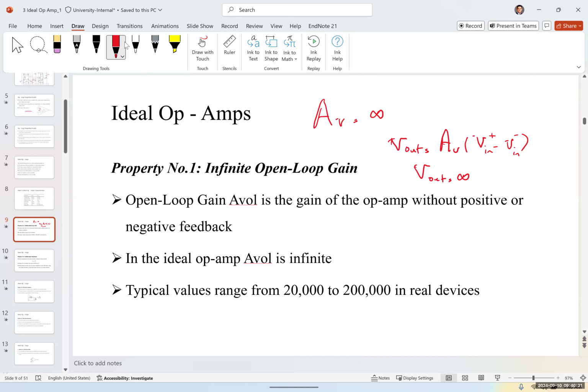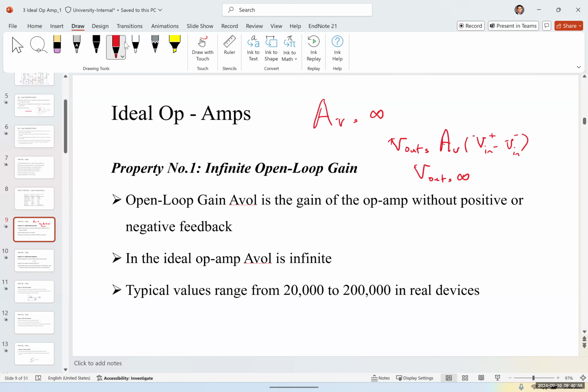So if V out is infinite, and we have an ideal op amp, then if I give it a 1 volt input, I would have infinite voltage at the output. So I can power a city like Amarillo with a AA battery, but that's not actually how it works. The output voltage is limited to the power supply, how much of a power supply I can give to the system.